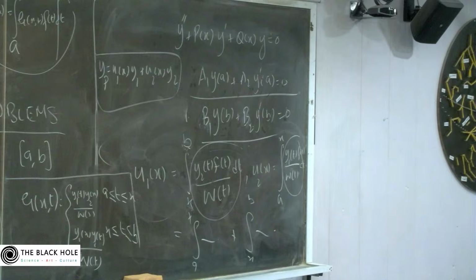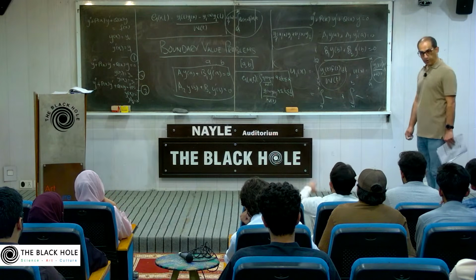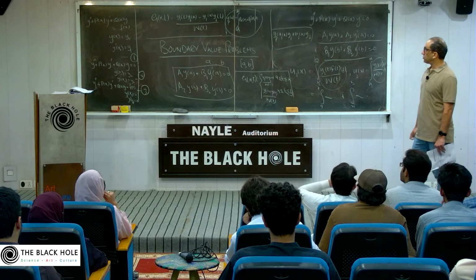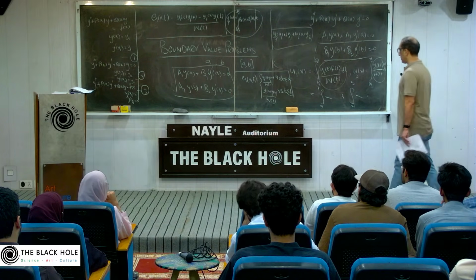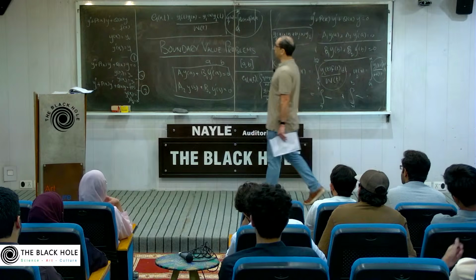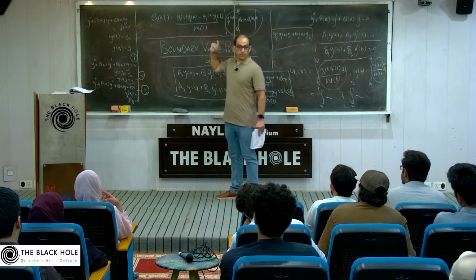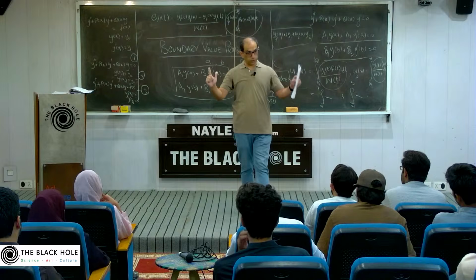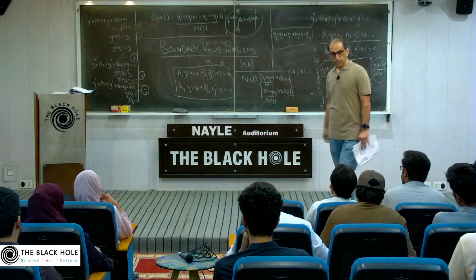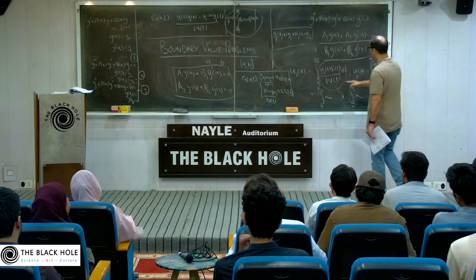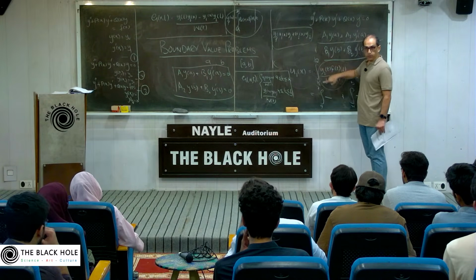So now my Green's function is defined piecewise for the boundary value problem. For the initial value problem, you could add the two and it could be defined like this. But now you have to define for each individual integration.